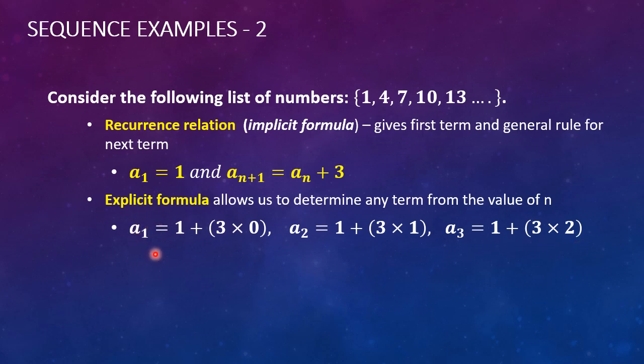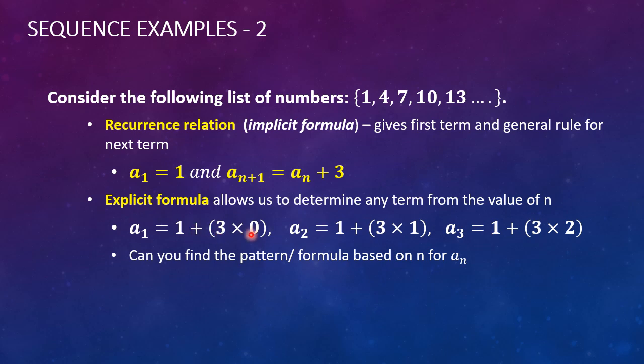Again, if you're looking at the subscript and thinking that is n, look at the formulas and see if you can figure out the pattern or the formula based on n for a sub n. Well, here n is 1, so you could think that maybe this is n plus 3 times 0, but that doesn't work here because n is 2, so this can't be the n. And 3 is constant in both of these.